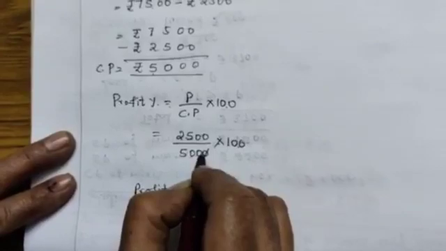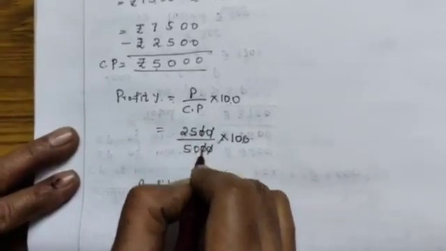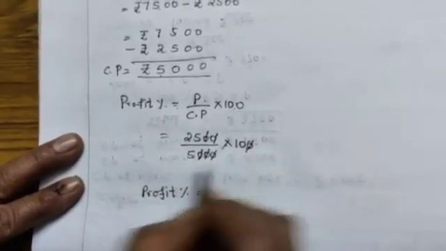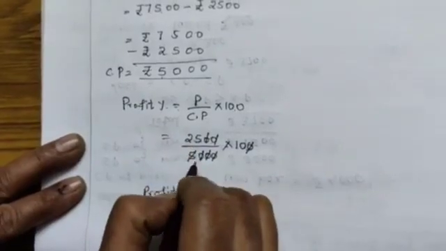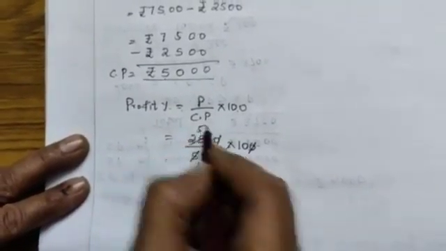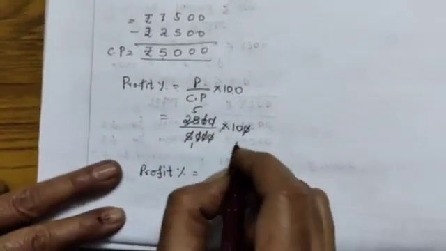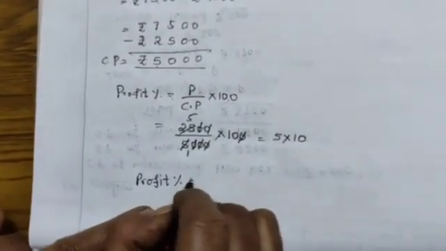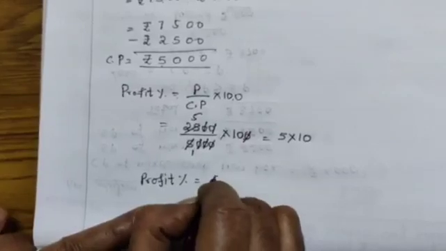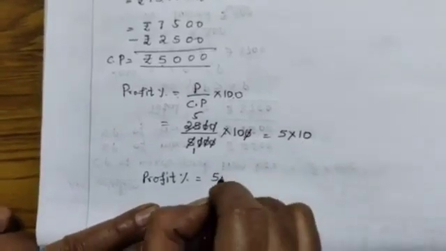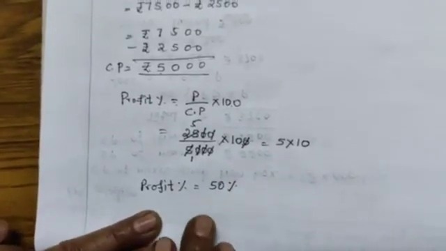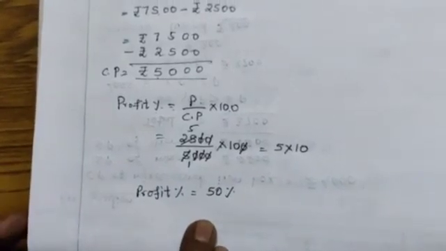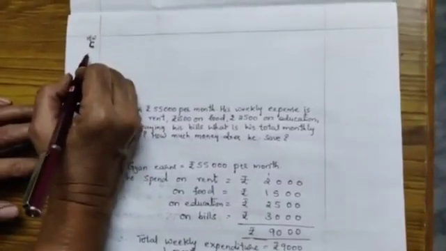Cancel the zeros. 5 ones are 5, 5 fives are 25. So 5 into 10, 5 tens are 50. He got 50% profit. Okay. Now C bit, do it as homework.